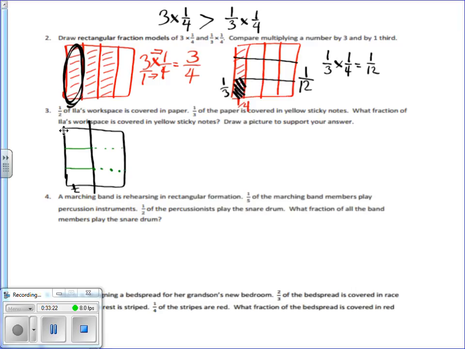No. So I'm doing dots to kind of continue it, but this half is covered in paper. This half isn't. So this is in thirds. 1/3. So this is the half. There's my half that's covered in paper. This is my third that's covered in sticky notes. Oh, that will be 1/6. 1/3 of 1/2.